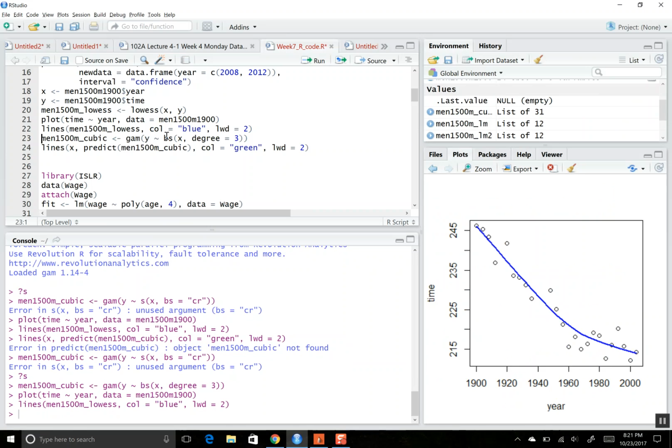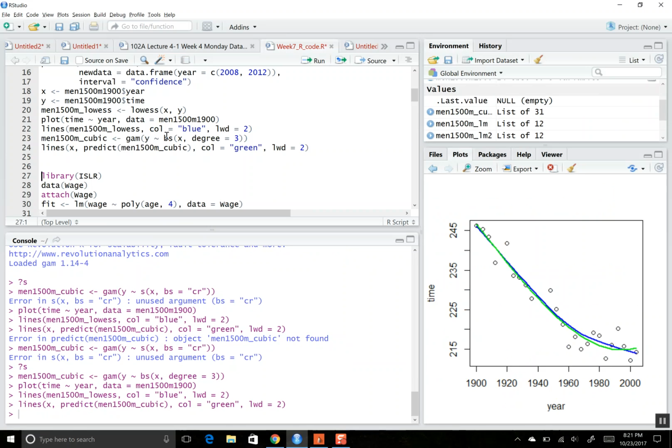This will do. I don't know if you can really see the difference here. For a basis spline, we don't say s, we say bs based on x with a degree of 3, and it fits a cubic thing.